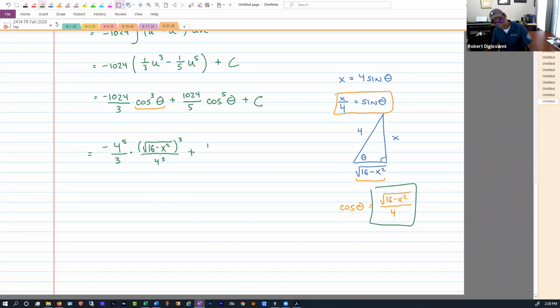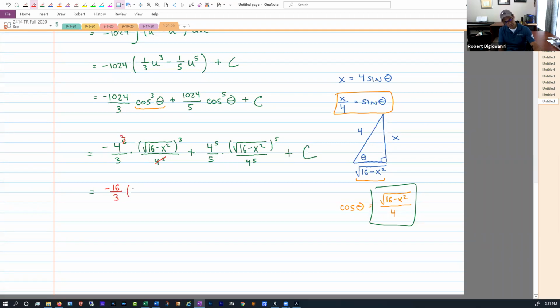Plus 4 to the 5th over 5 times the square root of 16 minus x squared over 4. Oh, I forgot to raise that to the 5th power, over 4 to the 5th, plus c equals. Okay, 4 cubed, 2 of these, 3 of those go away, I'm left with 2 of them, so I get negative 16 thirds.